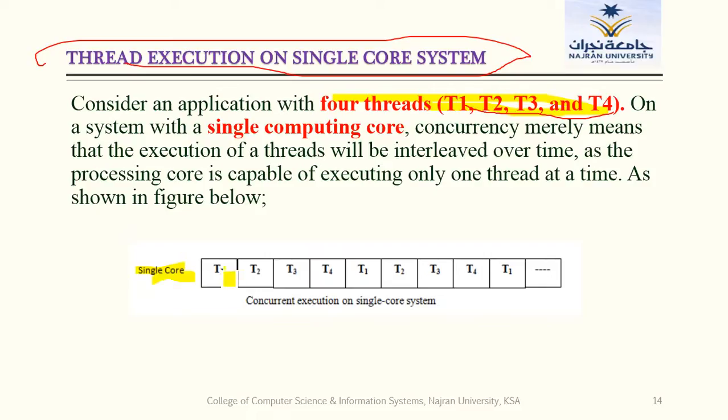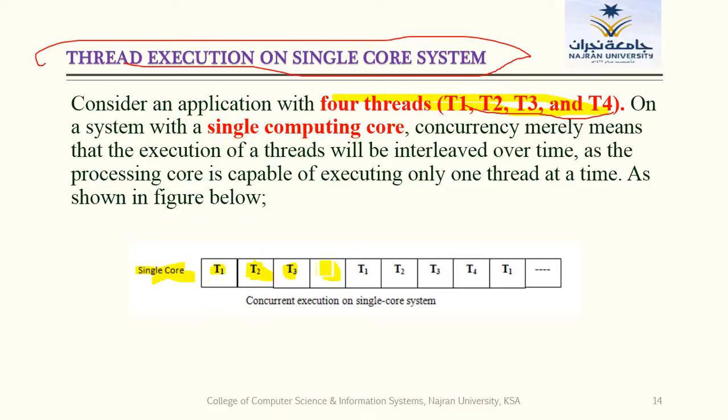Maybe it will start from thread T1, and after some time, when the time slice of T1 is expired, we start execution of thread T2. Then when T2's time is expired, T3. When T3's time is expired, we start execution of thread T4.